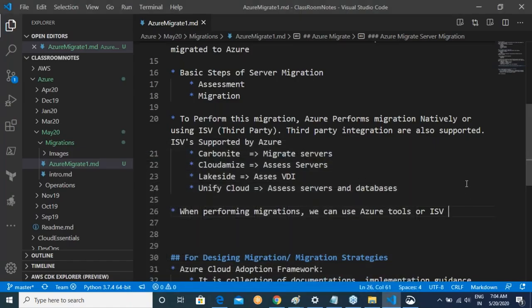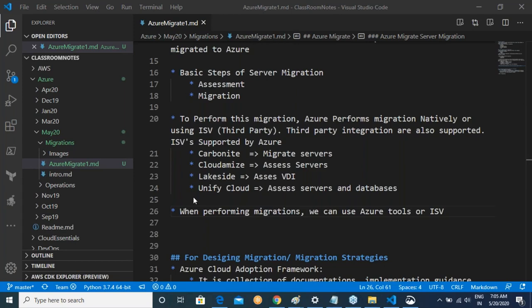Am I clear so far? So when I'm performing the migration, I can use Azure's tools, or I can use third party integrations. There is one more question, which asks whether Azure supports Nutanix or AHV migration.